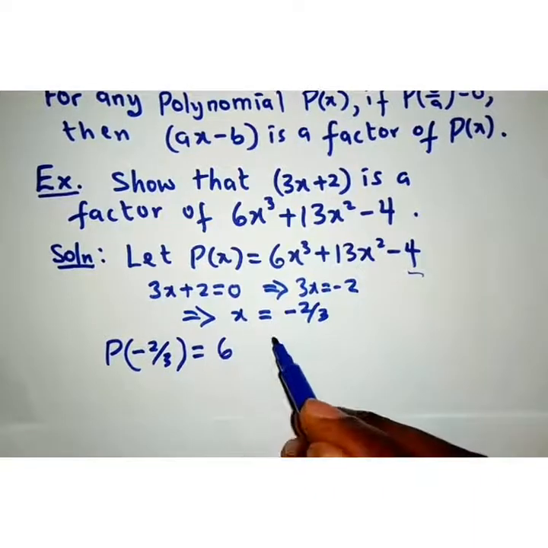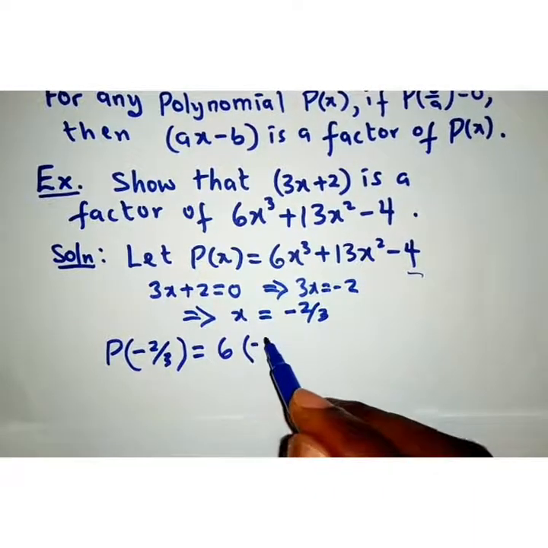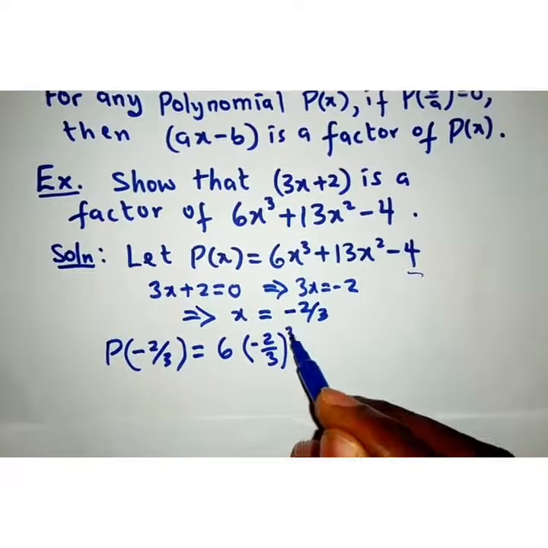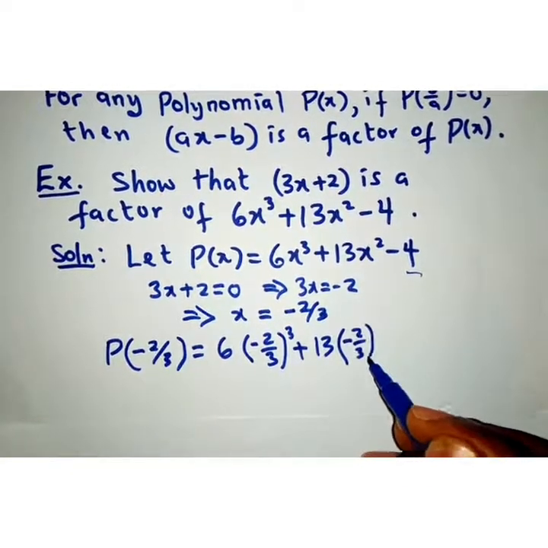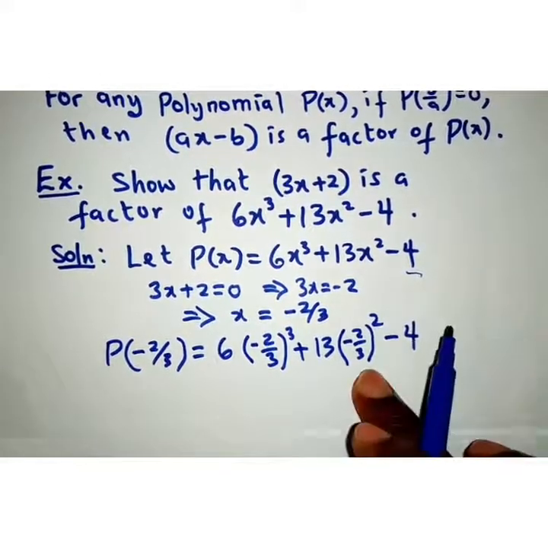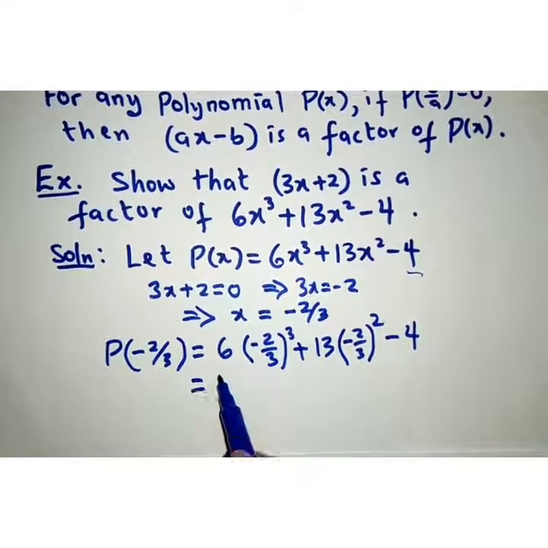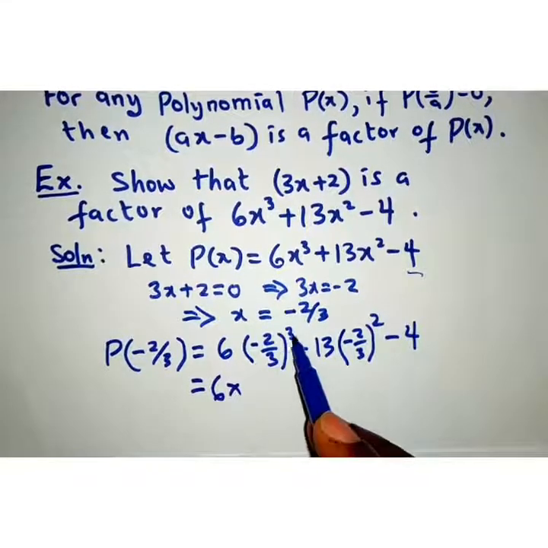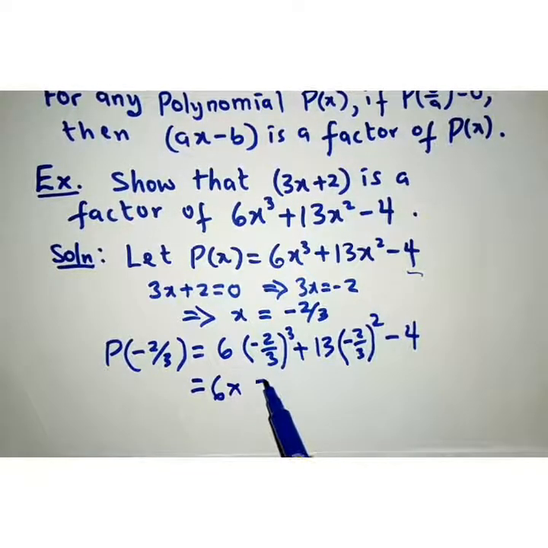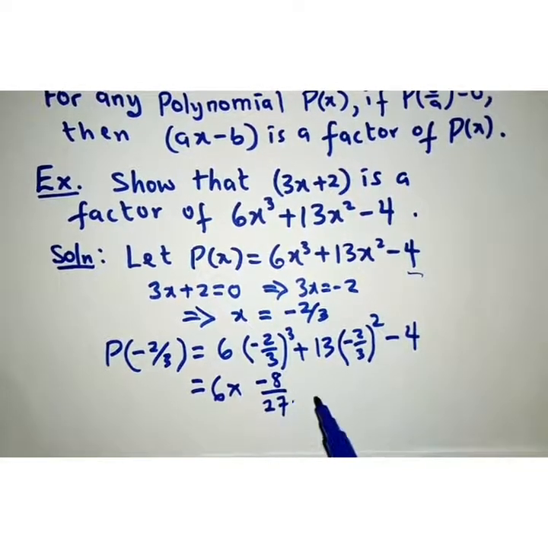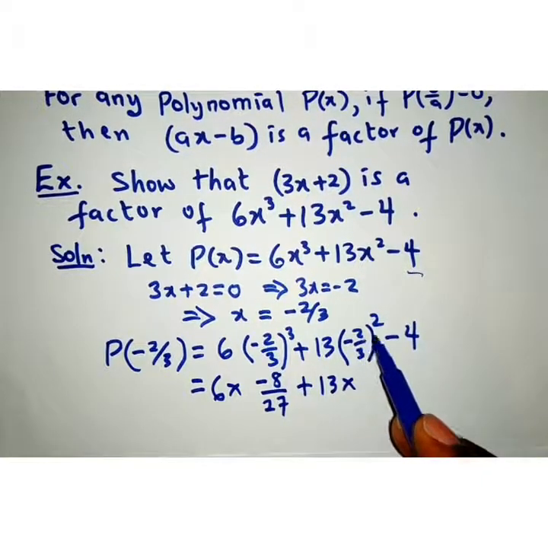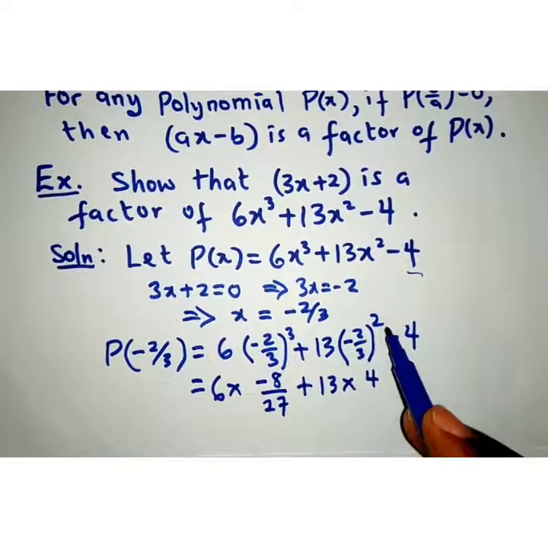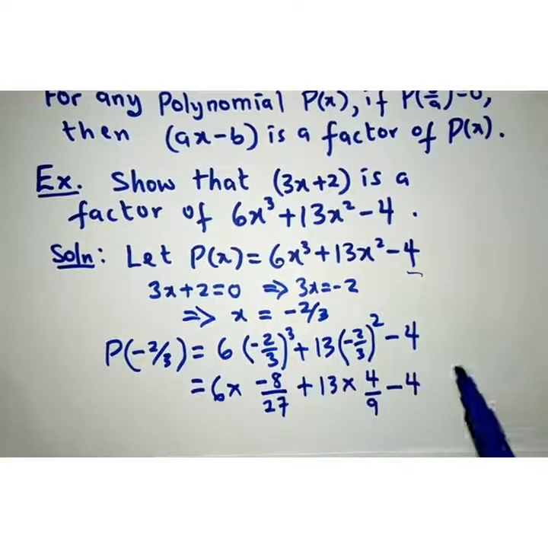So we have 6 times minus 2 over 3 cubed plus 13 times minus 2 over 3 squared minus 4. This is equal to 6 times minus 2 cubed, that's minus 8, over 3 cubed, that gives us 27, plus 13 times minus 2 squared, it's 4, over 3 squared, which is 9, minus 4.